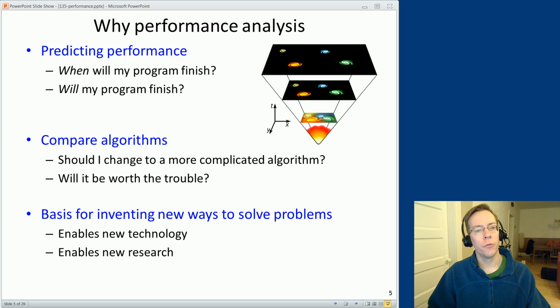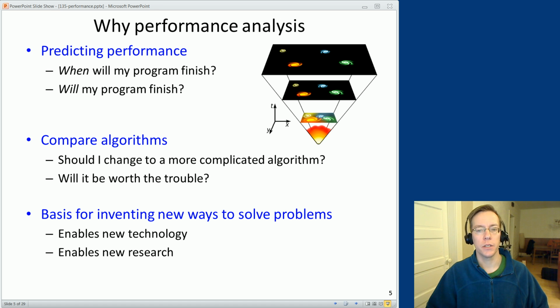And another reason we want to study performance analysis is often there is more than one way to skin a cat. You're trying to solve some particular problem. Say you're trying to sort a big array of integers, and you've got different techniques. Which is better? You want to be able to compare the different ways to sort those integers and see, is it really worth the trouble to do something more complicated?